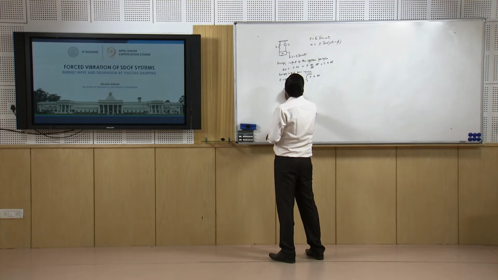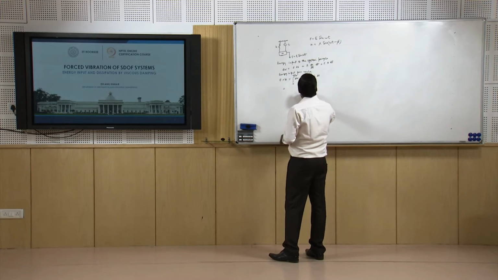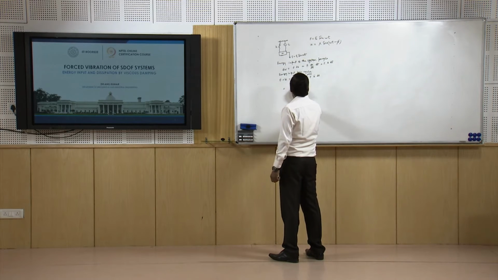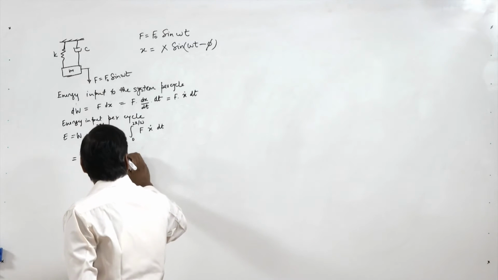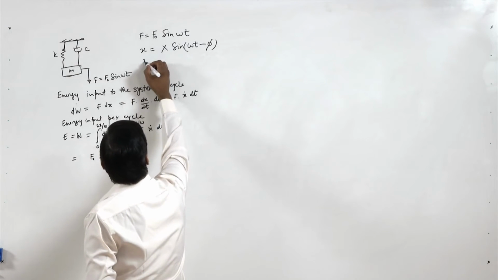So here we can write F equal to F0 sin omega t, and x dot we can find from here.